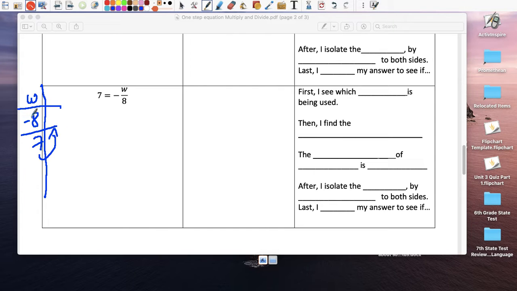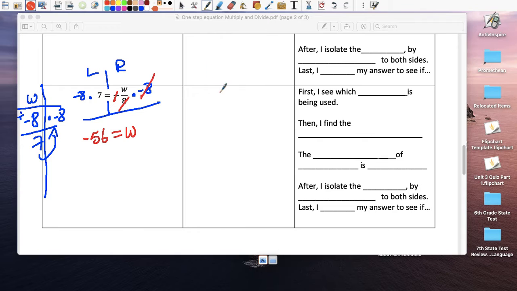So going back, oops, I forgot to write divided by -8. So what's the opposite of dividing? We're going to be multiplying by -8. Left and right, multiply this by -8, multiply this by -8. -8 and -8 goes away. I'm left with w. And then -8 times 7 is -56.